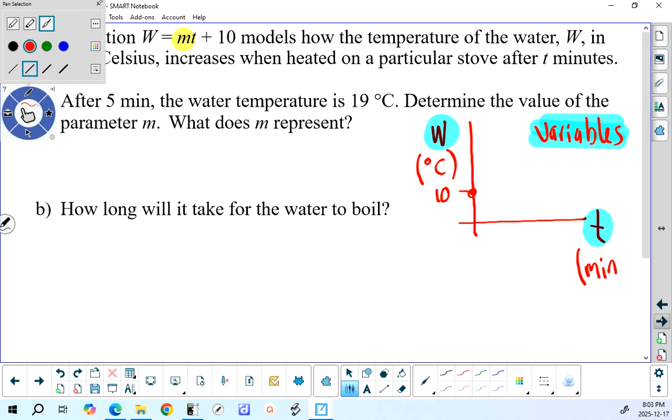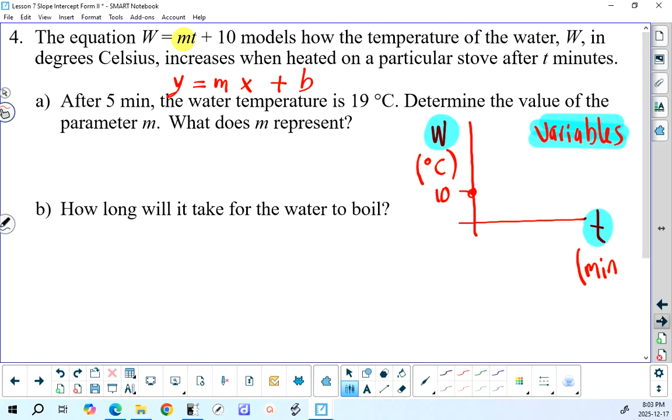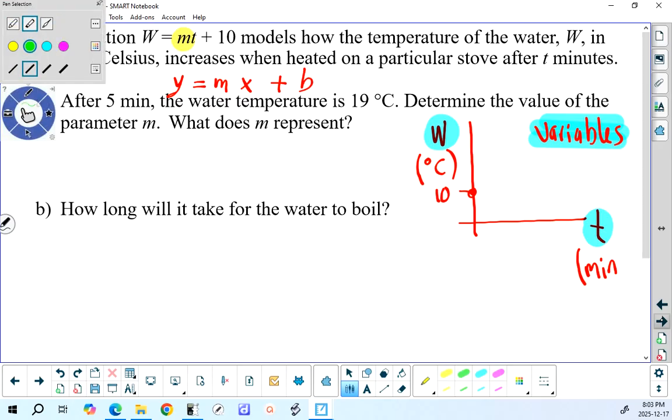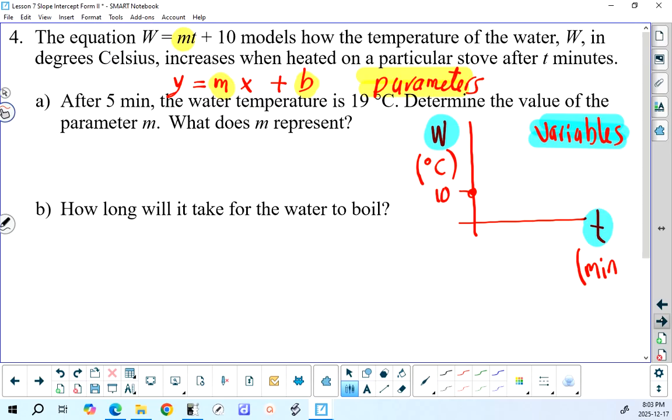In the equation y equals mx plus b, these two things are parameters. We call them parameters. So we are asked to find the value of the missing parameter. And the key is, I'll write the equation down now where we're going to show our work, W equals m times t plus 10.